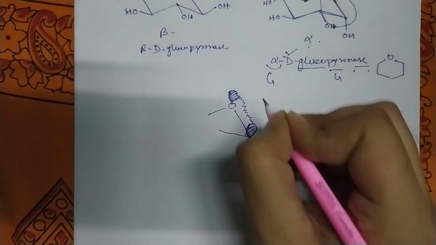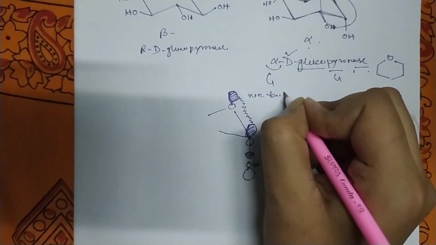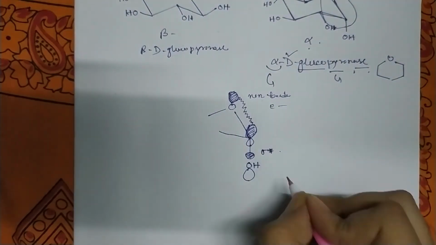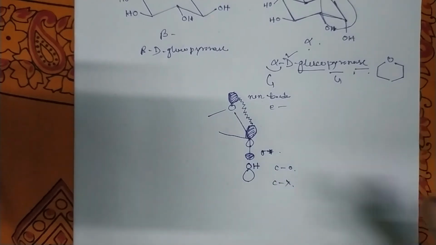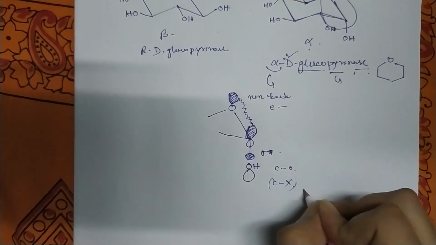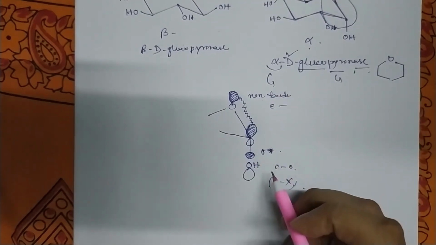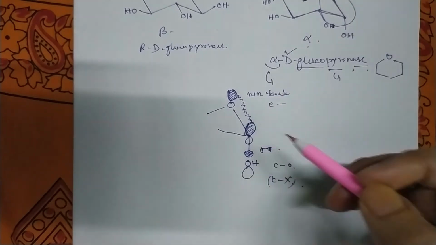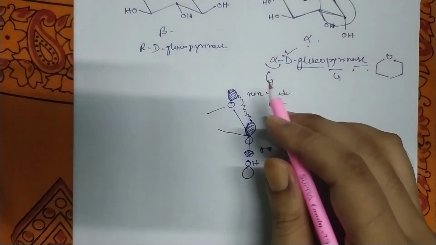This is the non-bonded electron, and this is a sigma star orbital of the C-O bond, or you can say C-X, or any group. So when the X group is at the axial position, the sigma star orbital has some interactions in the neighboring vicinity with the oxygen lone pair orbital.